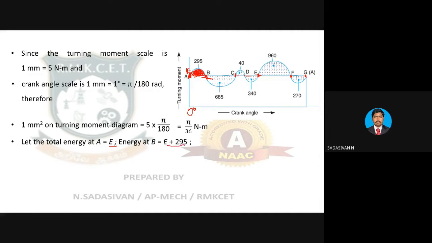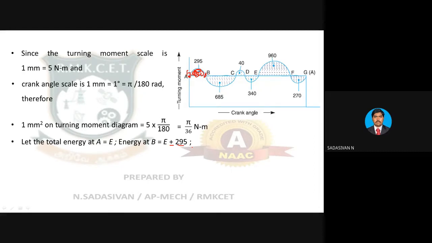Let us do all the calculations first, then multiply by pi by 36 finally. You don't have to do it every time. Do you understand why I am putting plus? Because the energy at this point is E, and now I am adding 295 millimeter square of work done to this energy E. Therefore the energy at point B will be E plus 295 millimeter square, and the conversion we will do later.